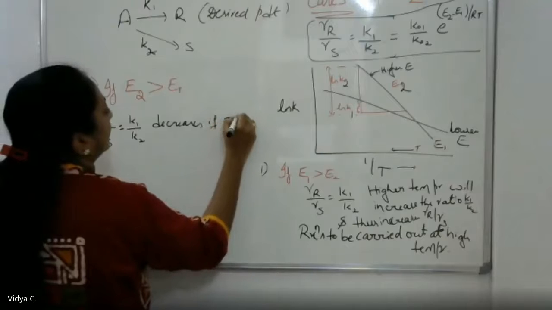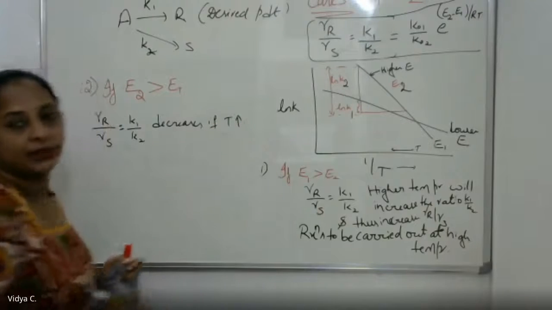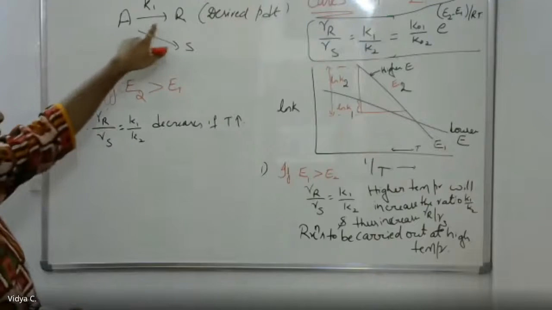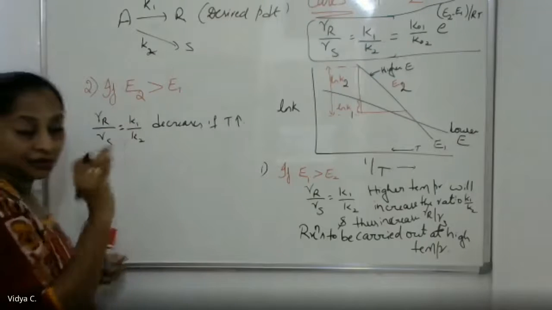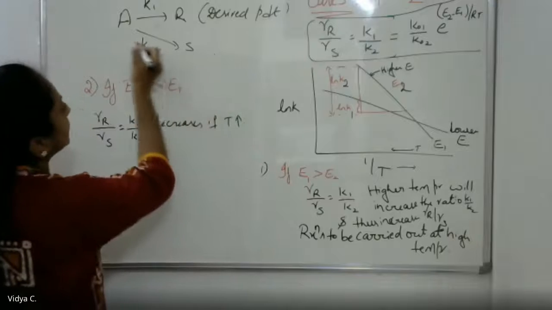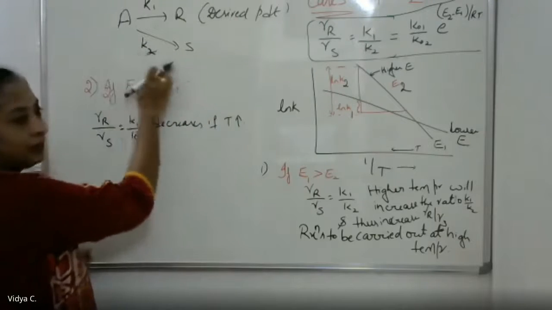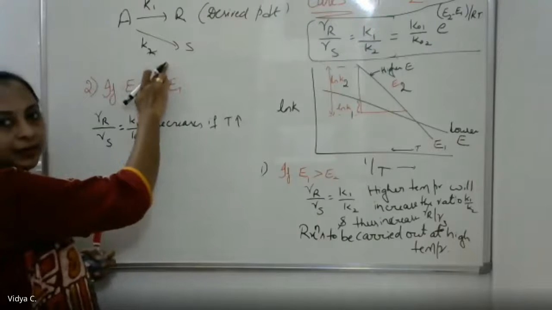if T increases. The actual meaning is that if I increase T, this path will be favored, but this is not my desired path.